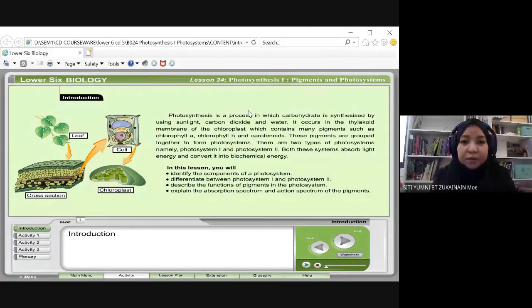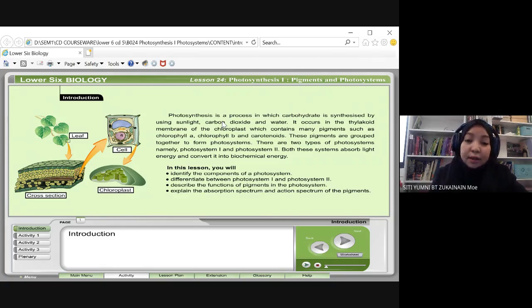I would like to present about pigments, and today's topic is photosynthesis one, which is pigments and photosystem. As we know, photosynthesis is a process in which carbohydrate is synthesized by using sunlight, carbon dioxide, and water.